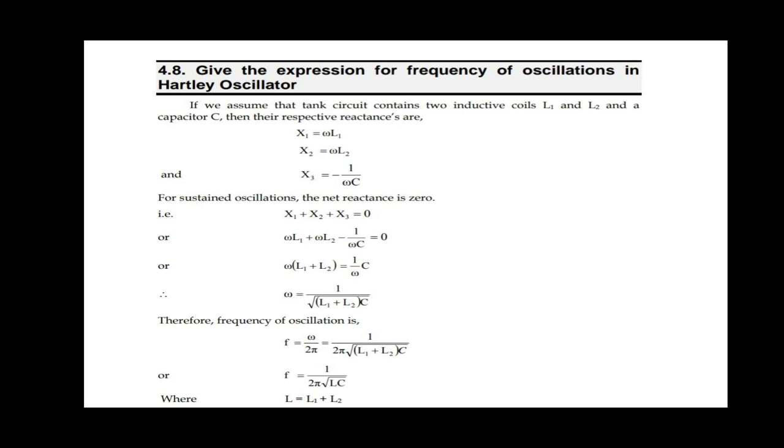For sustained oscillation the net reactance is 0, so X1 plus X2 plus X3 equals 0. We substitute these values in this circuit.